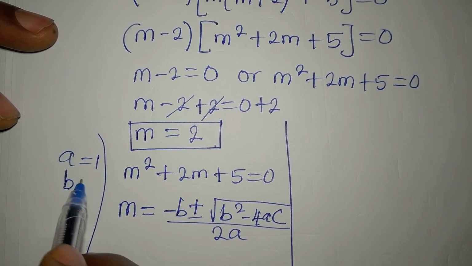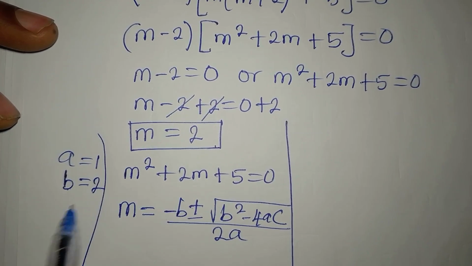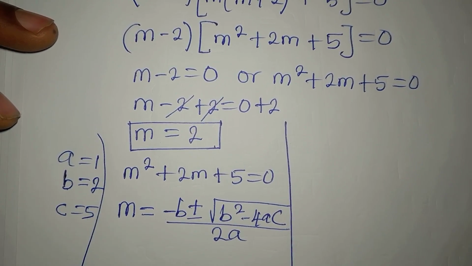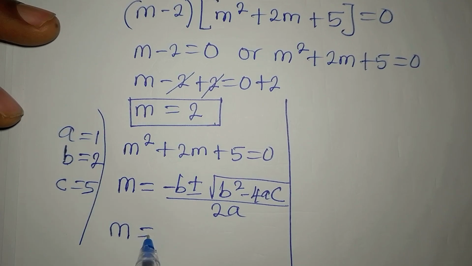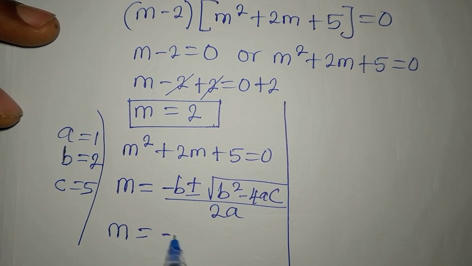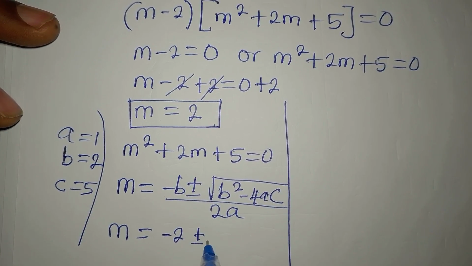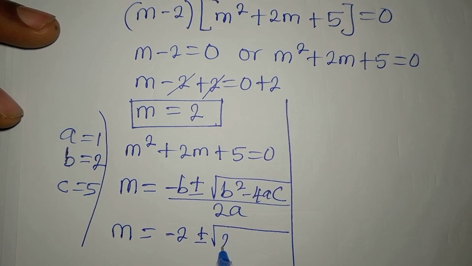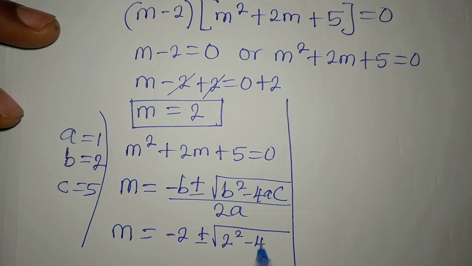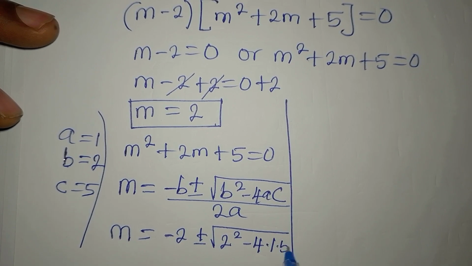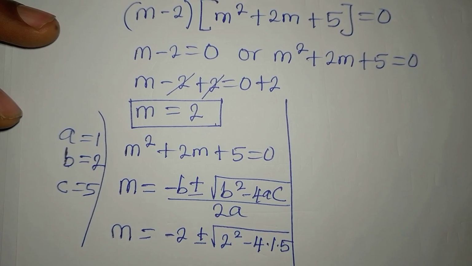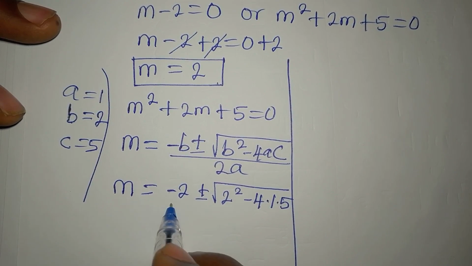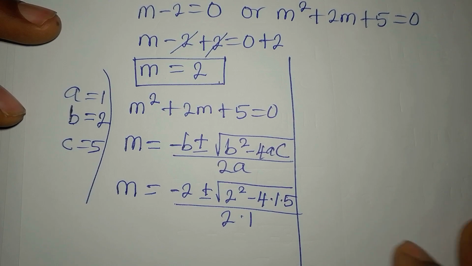Then our b is 2 and c is 5. So we're going to put these 3 into this formula so that our m will be, in place of minus b, I'll have minus 2 plus or minus b squared will be 2 squared minus 4 times 1 times 5, because a is 1 and c is 5. We divide by 2 times 1.